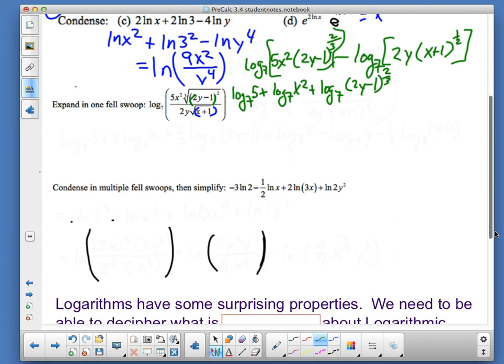But are you okay with the fact that since they're factors, I get to break them up as separate log terms with plus signs? So that's why I've got the log base 7 of 5, log base 7 of x squared, and then I've got this piece here inside. Remember, this is a power. It's not just a fraction.